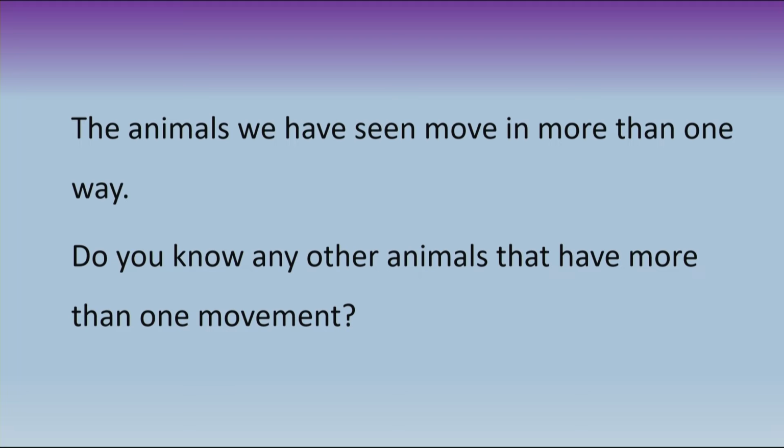The animals we have seen move in more than one way. Do you know any other animals that have more than one movement? List them and then we'll discuss. Remember my question. Any other animals that have more than one movement?